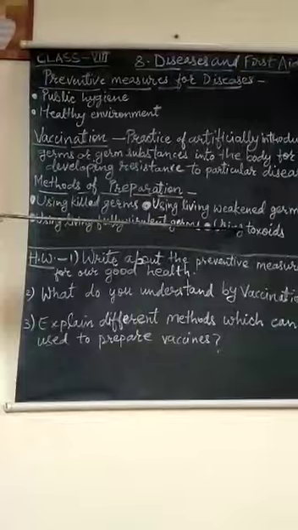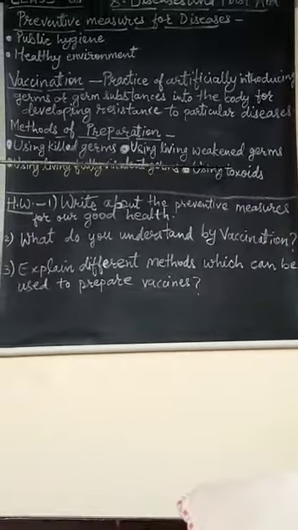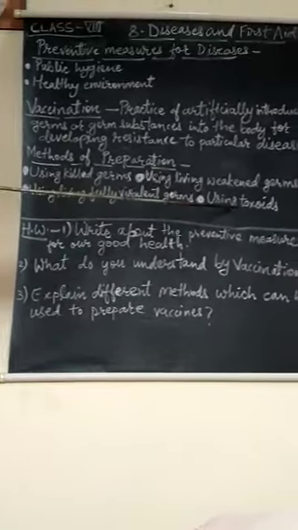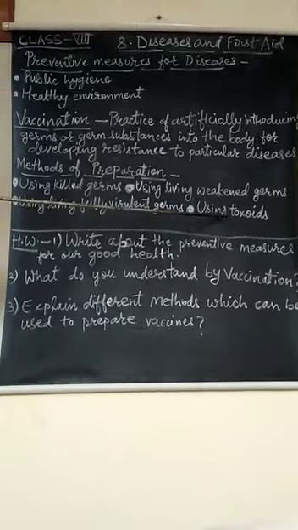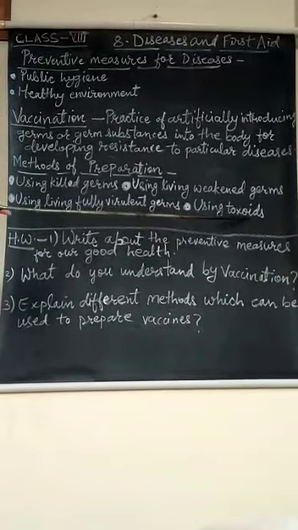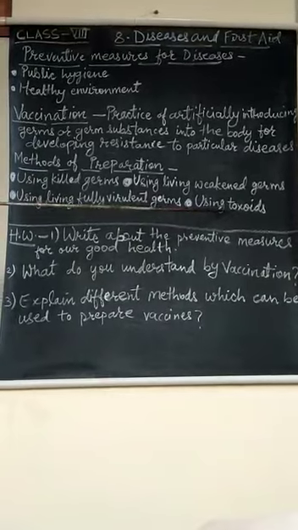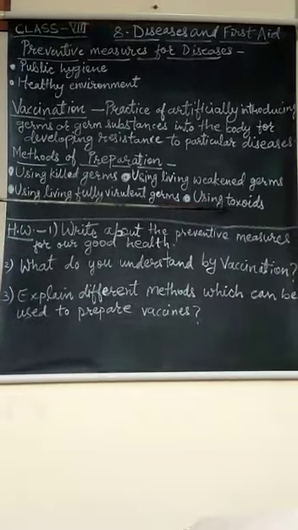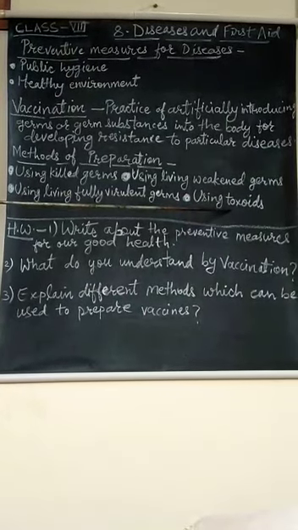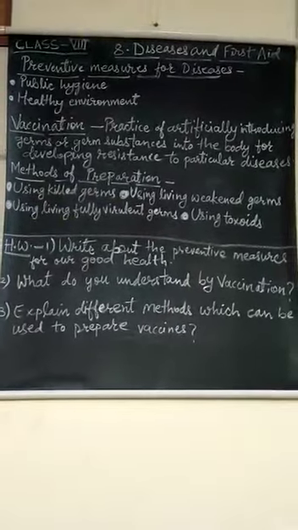Means when that organism secretes toxin, it is extracted from that person's body and treated with formalin solution to retain the capacity to produce antibodies. When it is treated with formalin, its toxicity is reduced, but it can induce WBCs to produce antibodies. This is the sum up of vaccination.